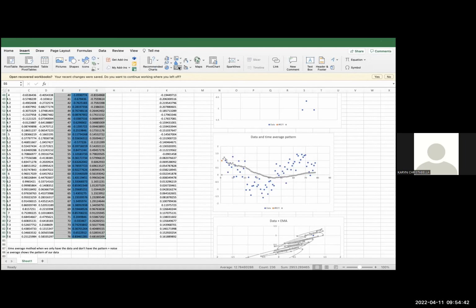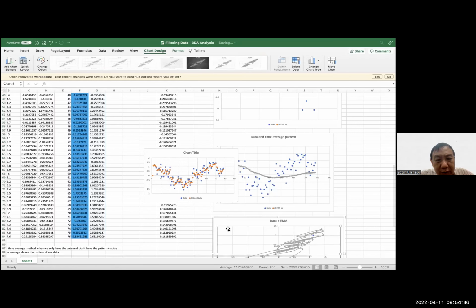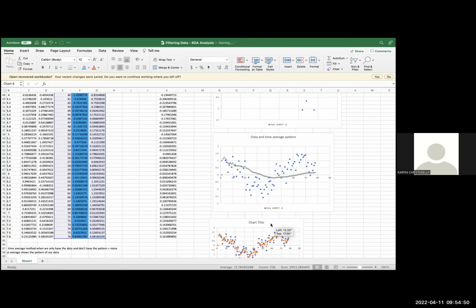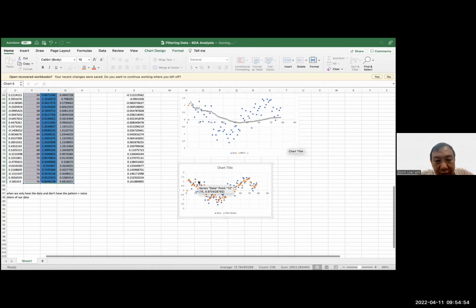Insert scatter graph, another plot. Okay, now you can see. And that is then the EMA with the data, right? Yes, yes.